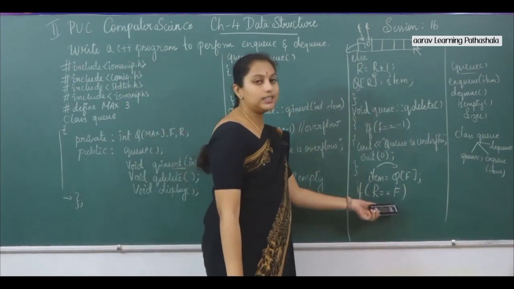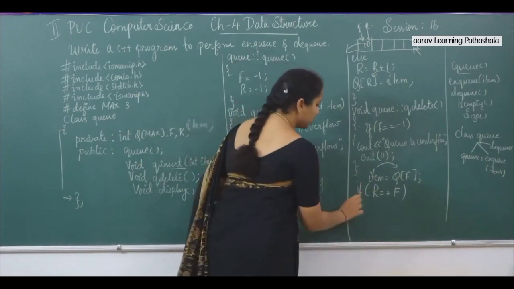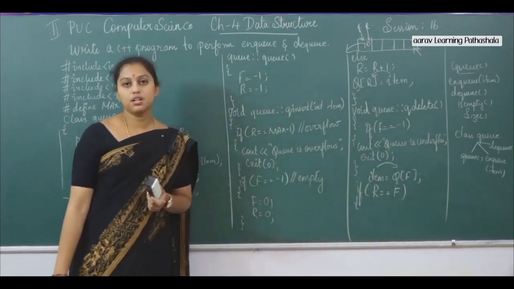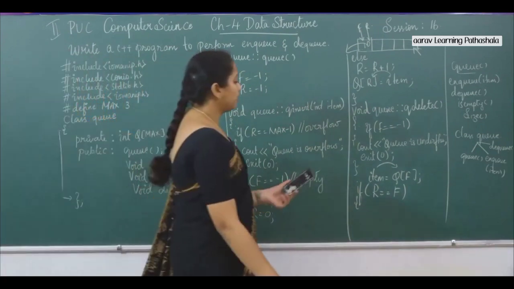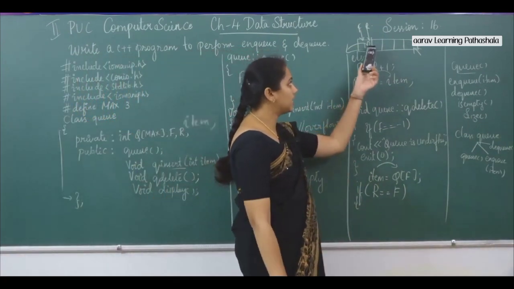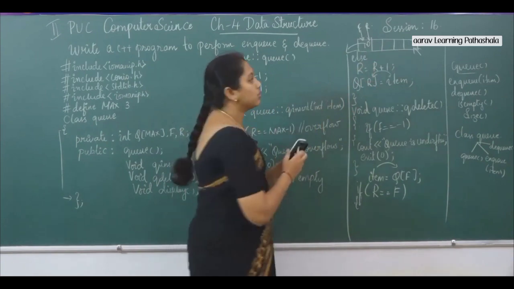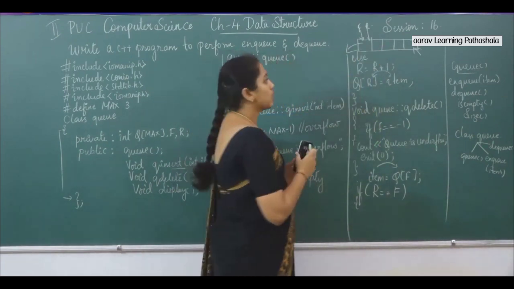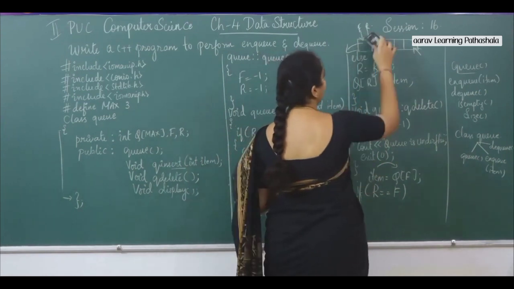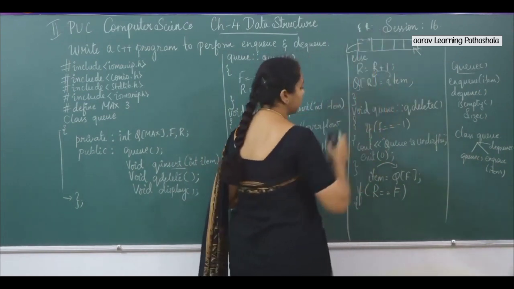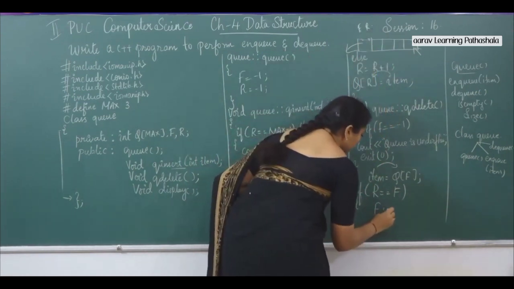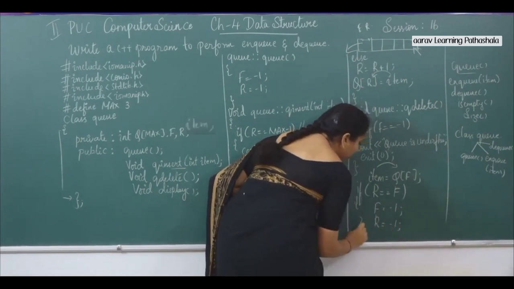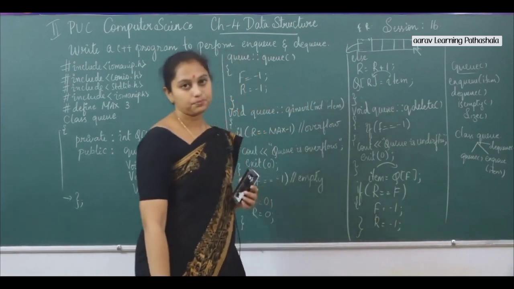If I delete this item from the queue, the queue becomes empty now, right? Then the front and rear point to -1. F is equal to -1 and rear is equal to -1.